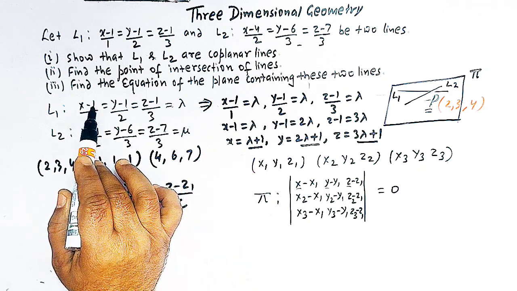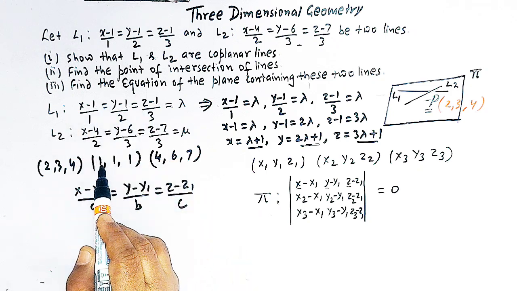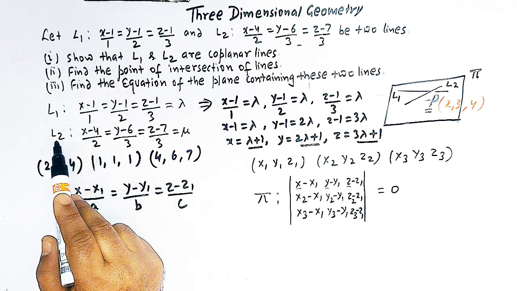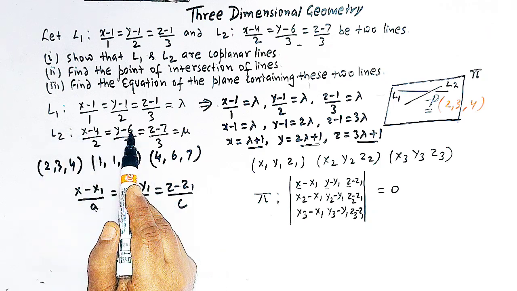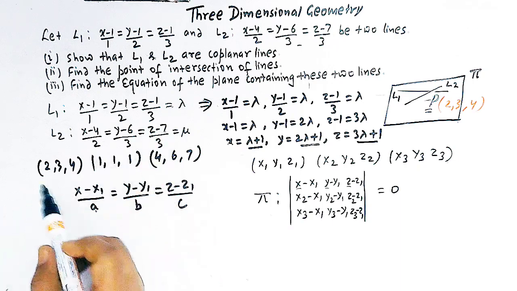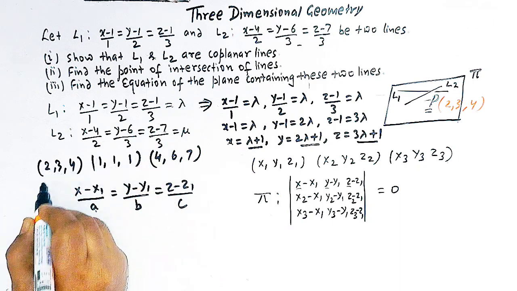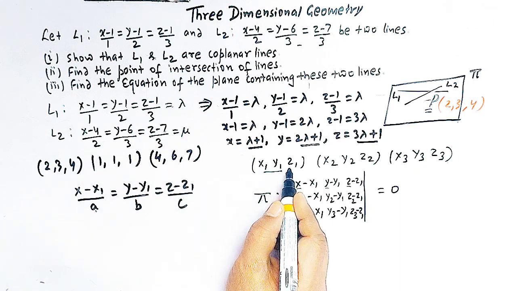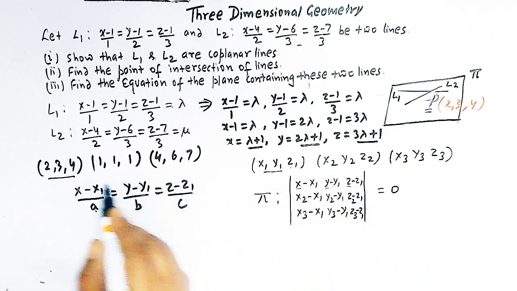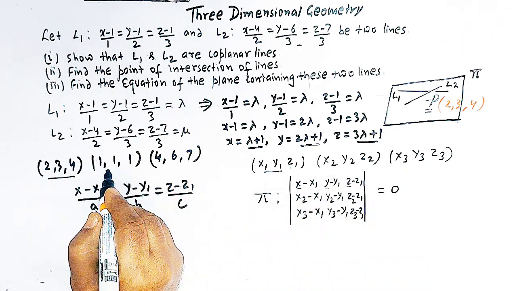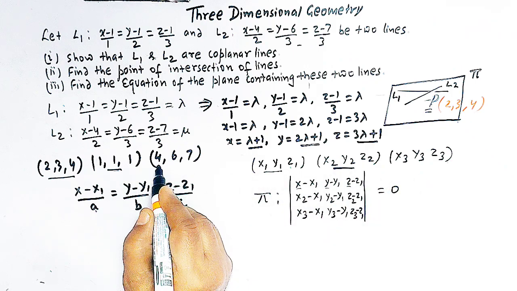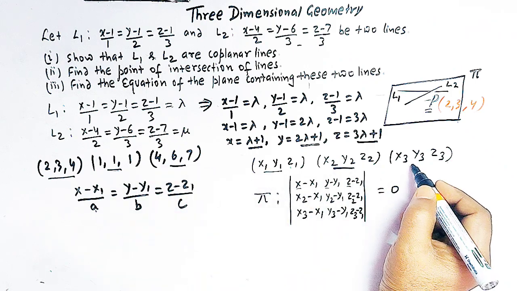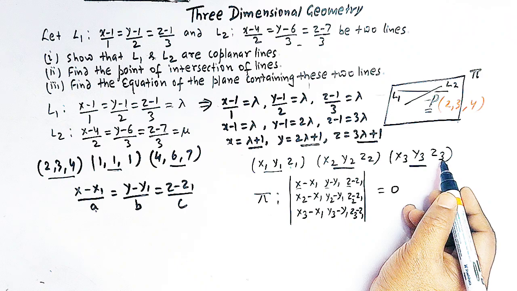So 2, 3, 4 may be taken as x1, y1, z1, and 1, 1, 1 may be taken as x2, y2, z2, and 4, 6, 7 may be taken as x3, y3, z3.